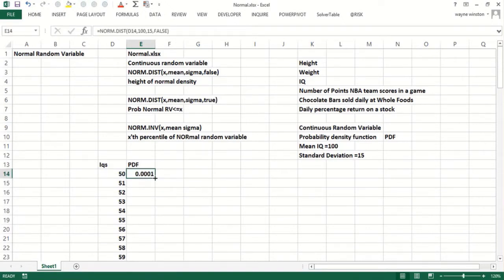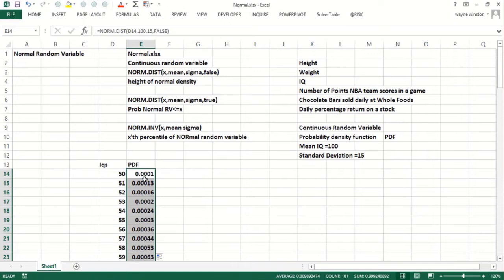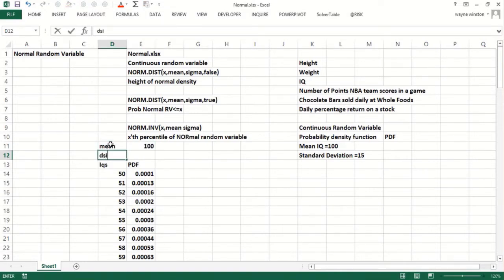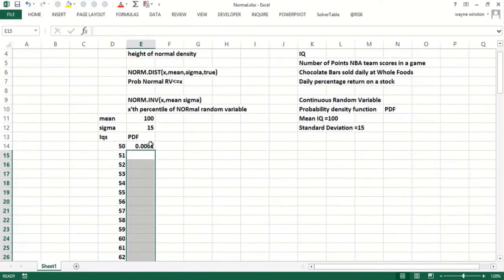So now if I would graph this, actually, let's put the mean in a separate cell and the standard deviation or sigma in a separate cell, because then I can vary these and you can see what goes on here. So I'm going to do this again here. I'm going to replace the mean.